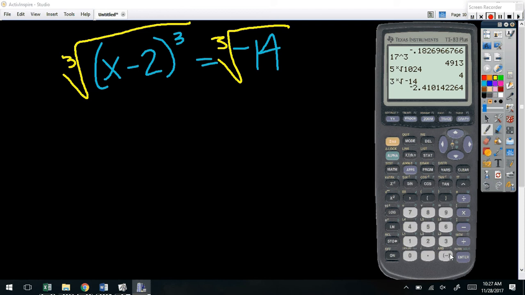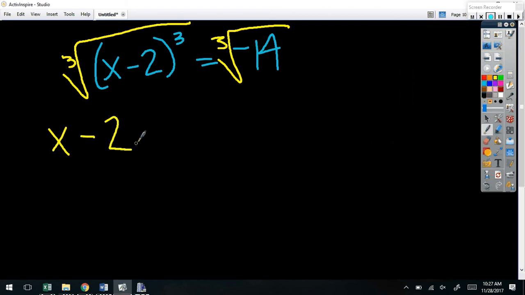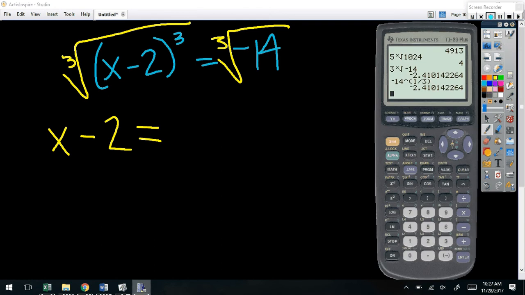Or, if your calculator doesn't do nth roots like this, remember I can always do negative 14 raised to the parenthesis 1/3. This one's just negative. That's a good point, Phoenix. I don't need the plus or the minus here because it's not an even root. It's an odd root. So I just do negative 2.41.